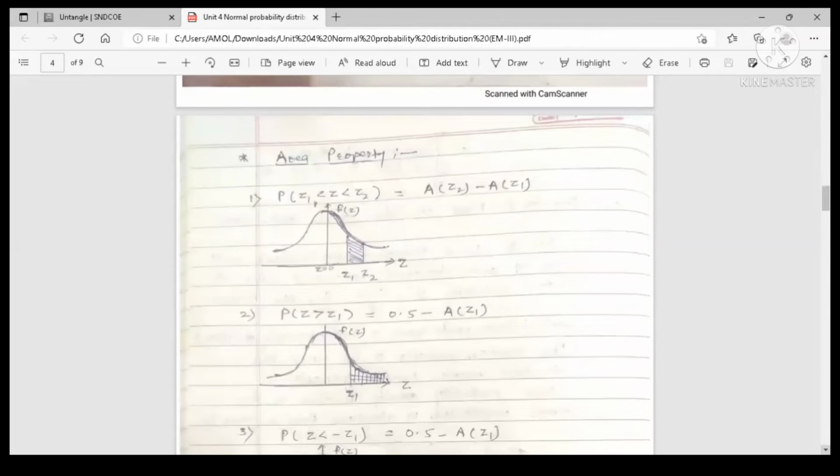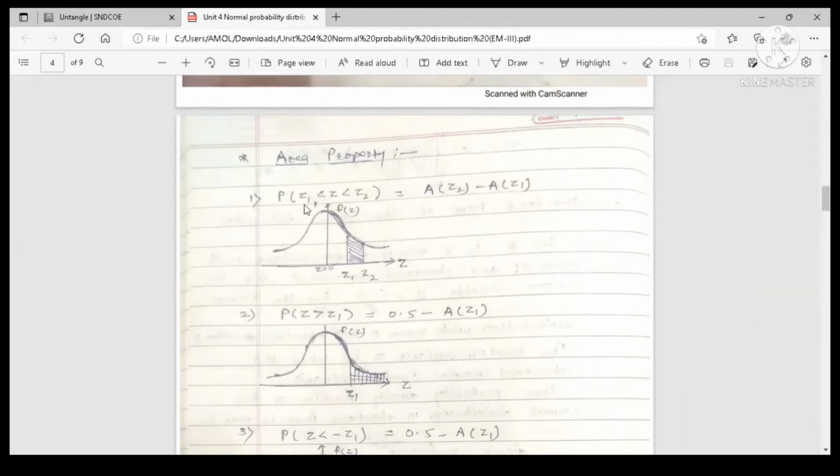Okay. Now the area property, the first one, probability between Z1 and Z2. When we have to find out the probability between X1 and X2 using normal distribution, then we convert X1 and X2 in terms of Z1, Z2, and then we find the area, the probability between Z1 and Z2.